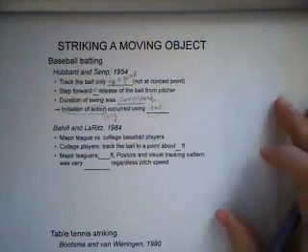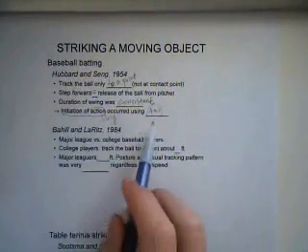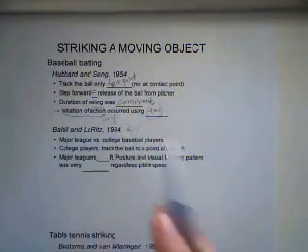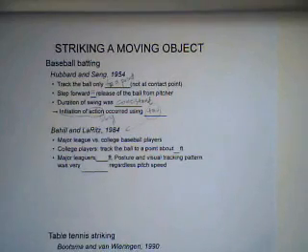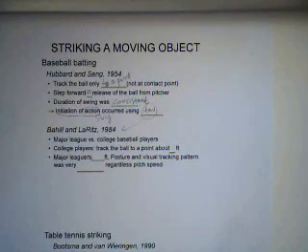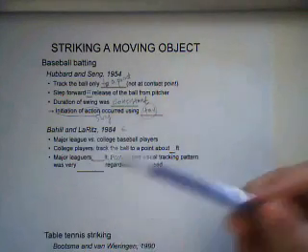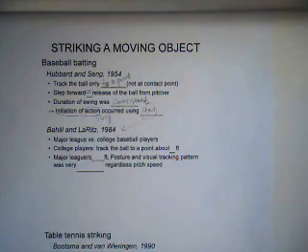And this can be backed up by these researchers. In 1984, they could analyze the eye movement together with the motion of the batting, so they could analyze in depth.